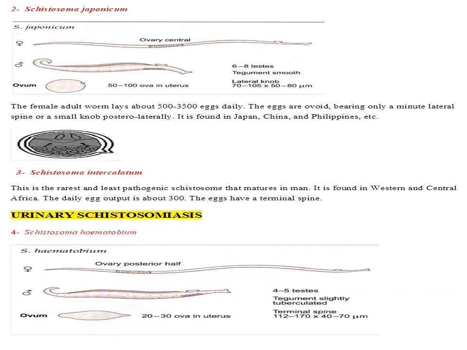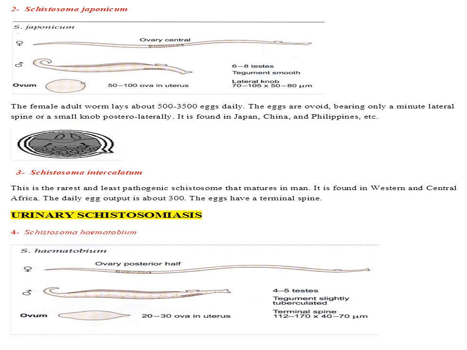Now here you can see Schistosoma japonicum, the second species, which dwells in the blood veins that surround our small intestine, especially the small intestine, not the large intestine as found with Schistosoma mansoni. In this figure beneath, you can see the position of the ovary in the central portion of the female.